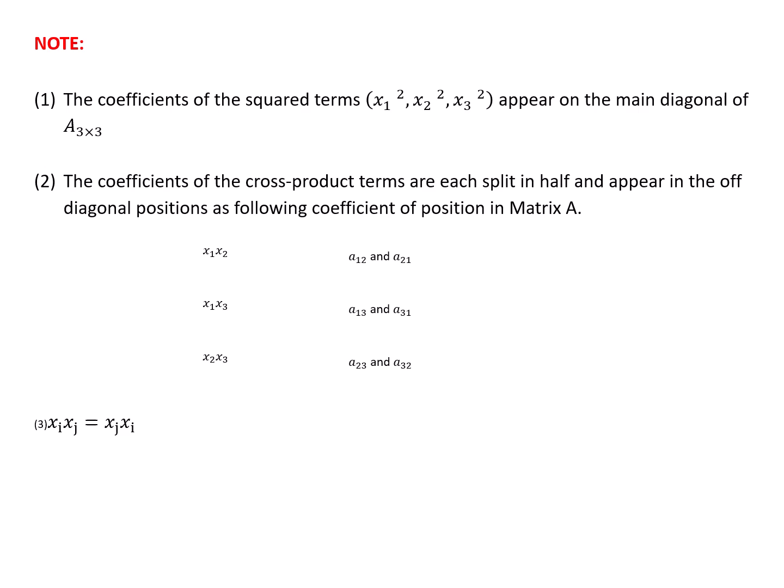Then the coefficient of x1x3 will give you the product of a13 and a31. So the coefficient of x2x3 will give you the product of a23 and a32.